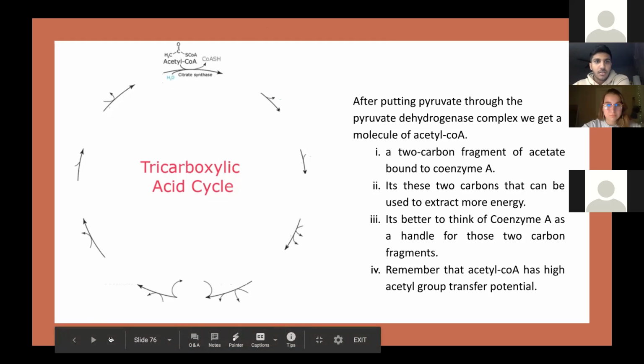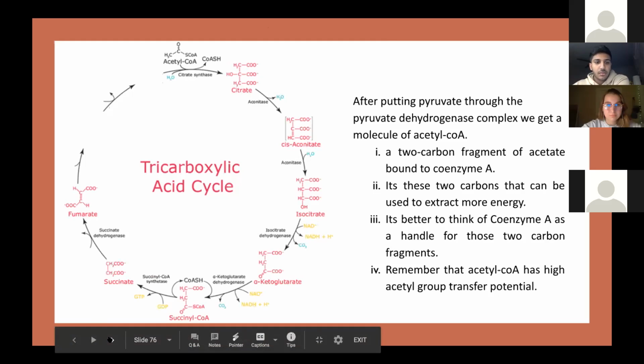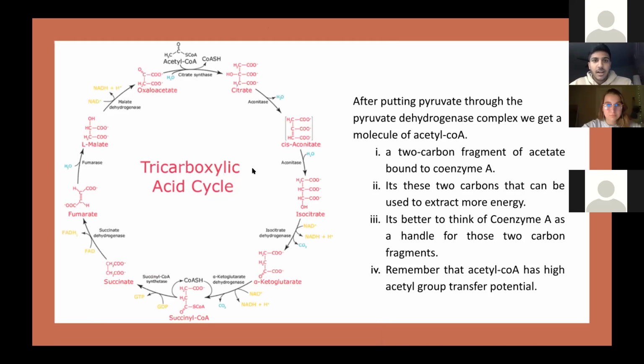These are all the steps of the citric acid cycle, and I'll quickly go over the main ones I want you to focus on. The most important enzymes to know are citrate synthase, isocitrate dehydrogenase, alpha ketoglutarate dehydrogenase, and the step here, the synthetase.